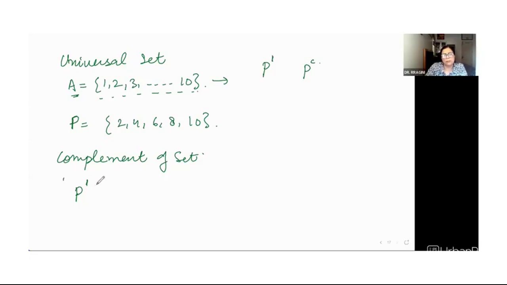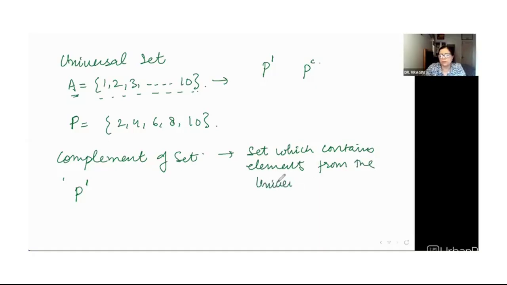So P complement is the set which contains elements from the universal set, except the elements of the set.